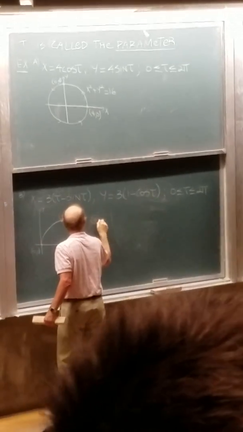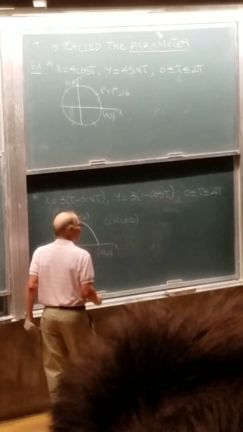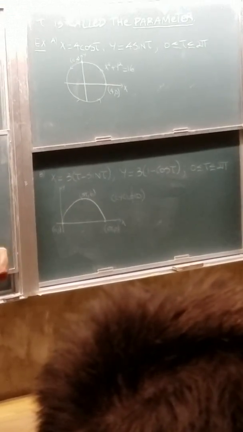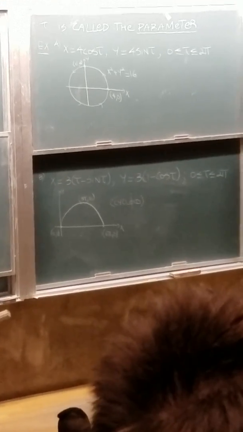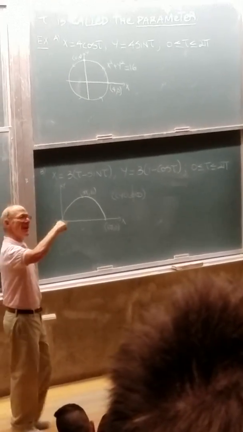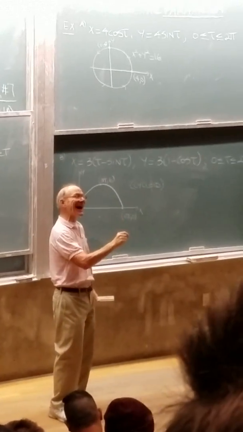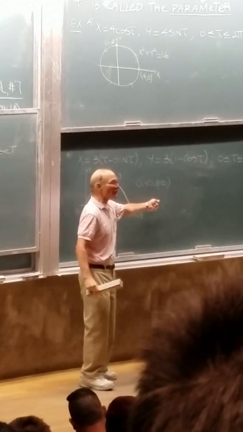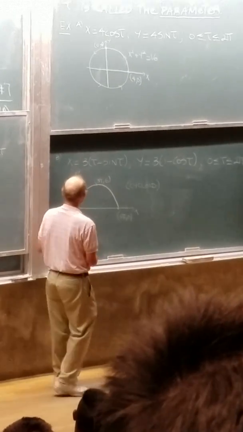So this is a cycloid. It represents the path that a point on a circle takes as the circle rolls along the x-axis. If you paint a dot on a bicycle tire and watch the path of the dot as the person rides along the street, this is the path it would follow.